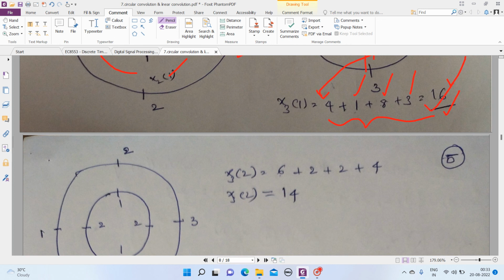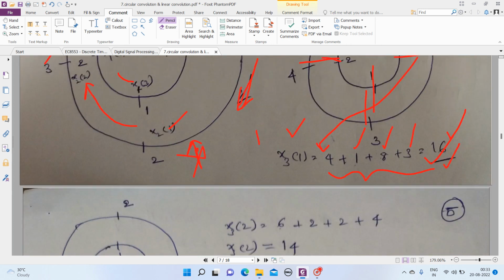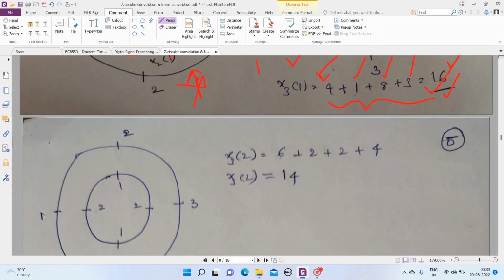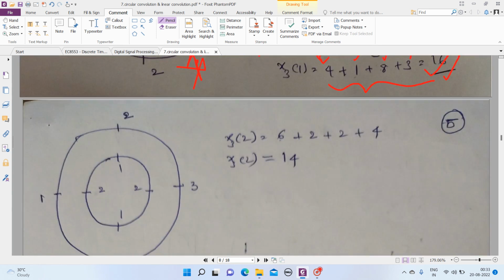Similarly, I am going to delay. If I am going to delay by 2 using this figure, I'm not going to use this figure, I'm going to use the figure I have already delayed by 1. So again I have to delay it by 1, then it becomes delayed by 2. So just rotate this. This 2 comes here and 1 comes here.